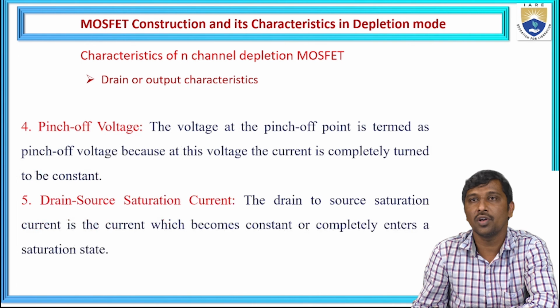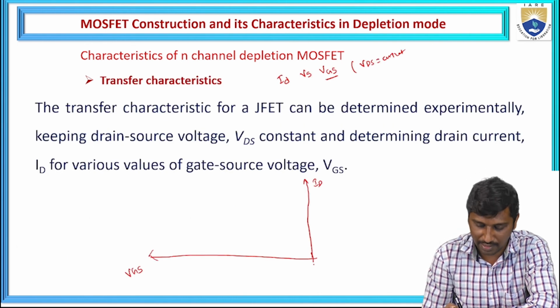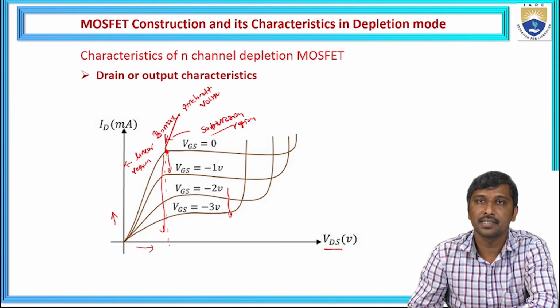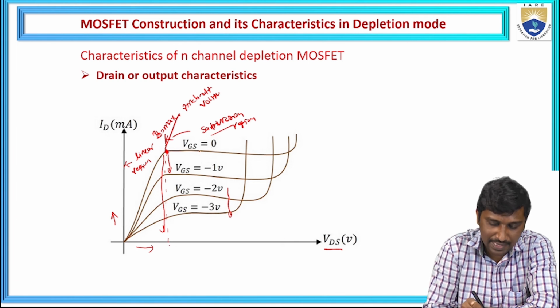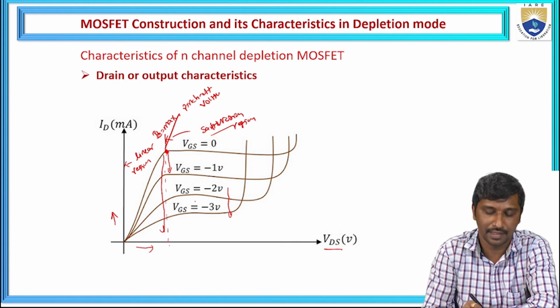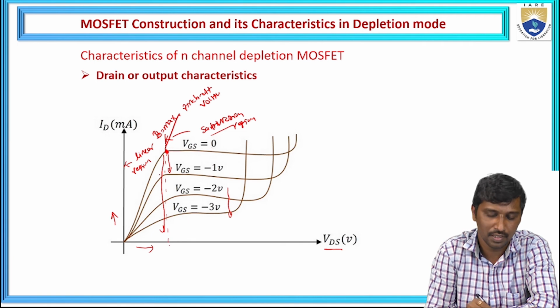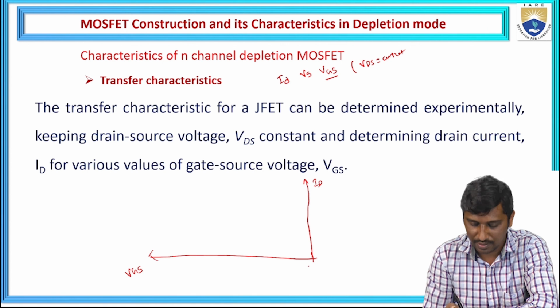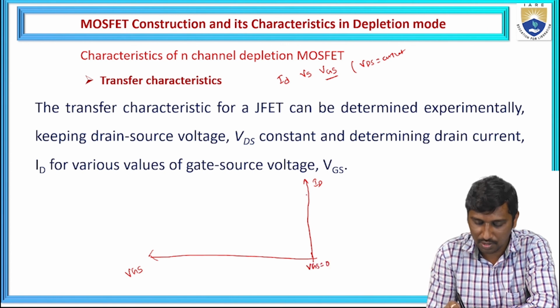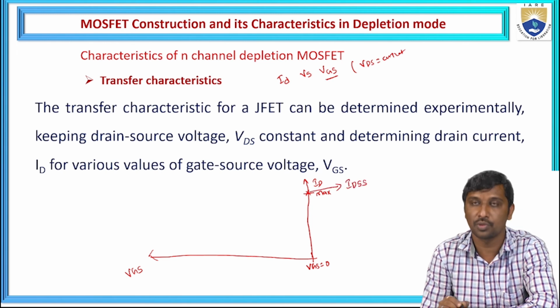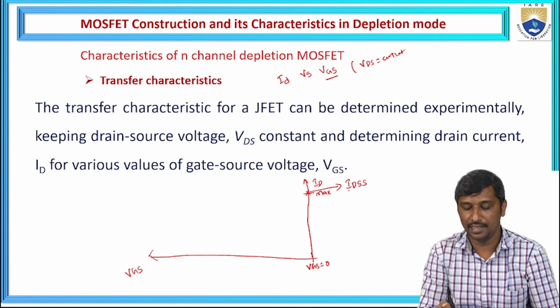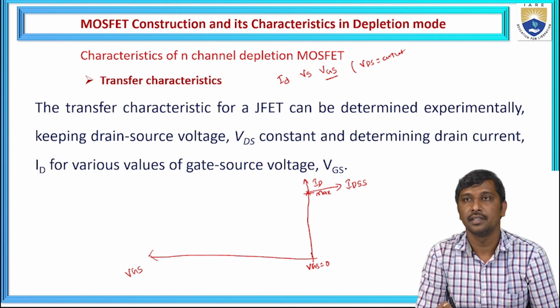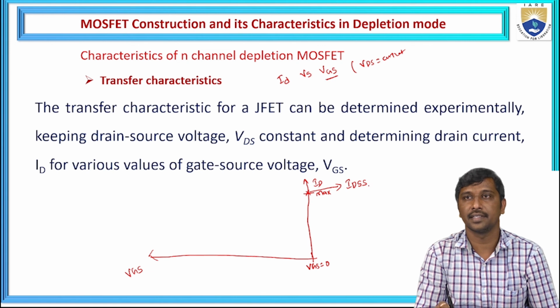So in these characteristics, when VGS is 0, the drain current is maximum. This is also called the drain to source saturation current, IDSS.